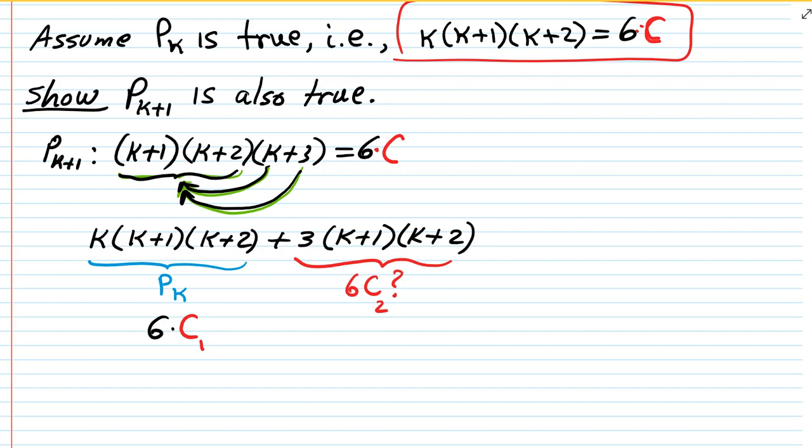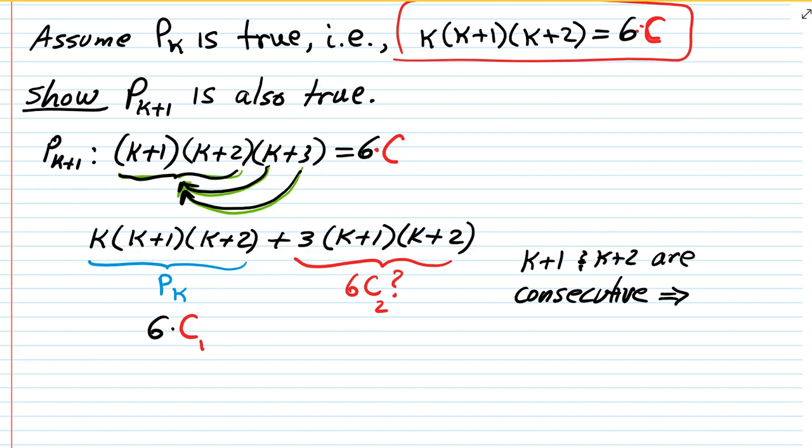Well, here's how we can work this one now. Because k is a natural number, we know that k plus 1 and k plus 2 are consecutive. Consecutive means back to back, right?